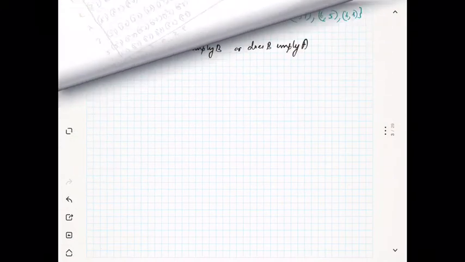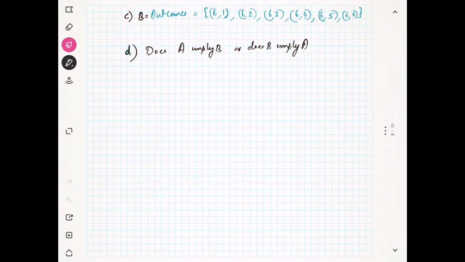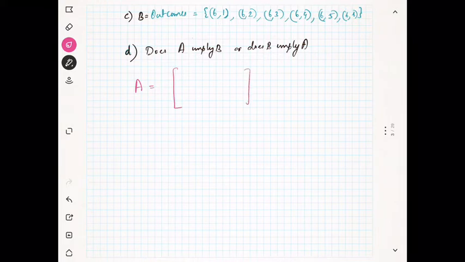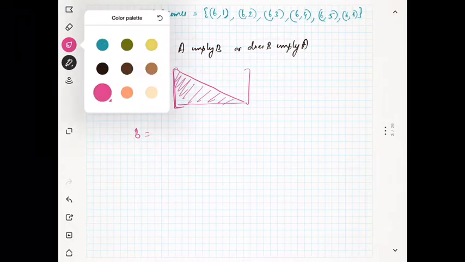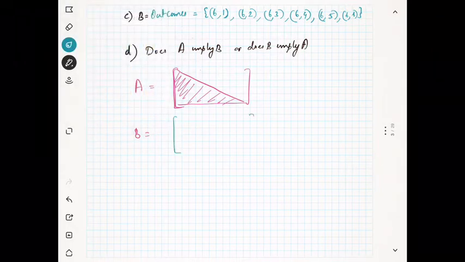So if I get part A, then I cannot confirm whether it is part B. Part A has a lot of elements, which is the lower triangular part of this matrix. And my part B is only this row, that means 6 1, like this, up to 6 6. So does A imply B or B imply A?